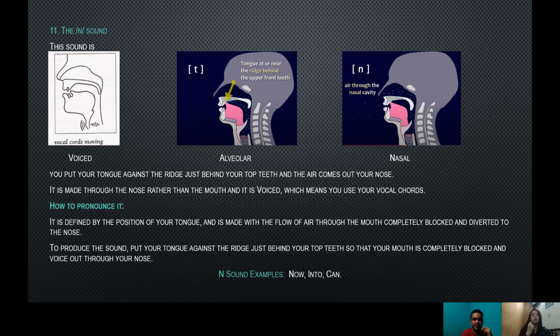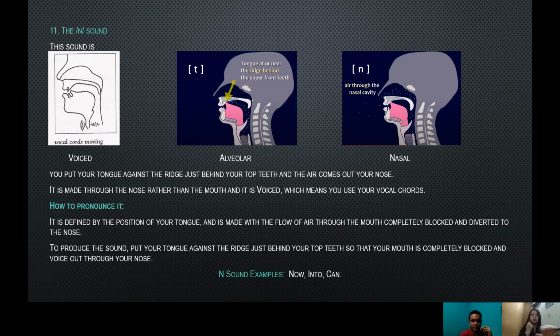The N sound. This sound is voiced, alveolar, nasal. You put your tongue against the ridge just behind your top teeth and the air comes out your nose. It is made through the nose rather than the mouth and it is voiced, which means that you use your vocal cords. How to pronounce it?